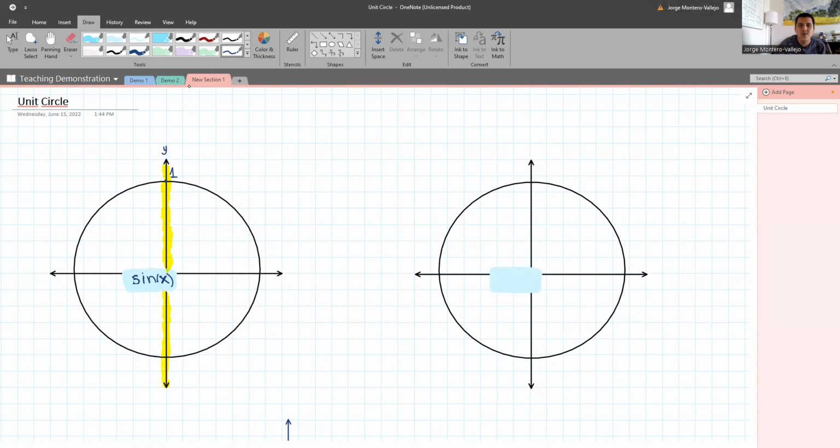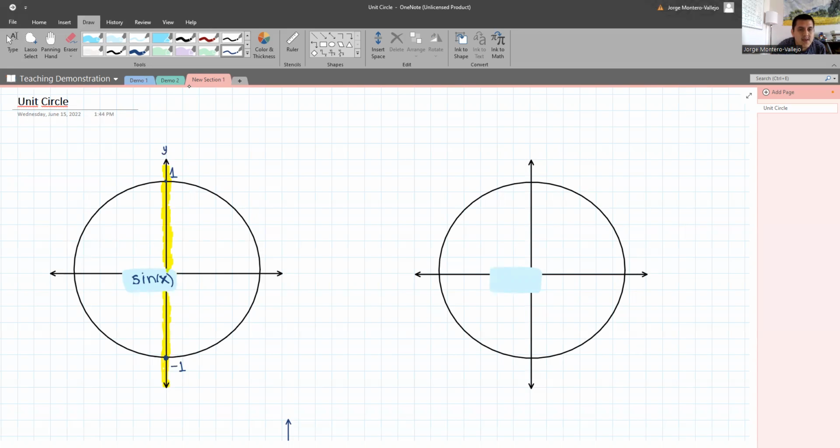Now, if 1 is over here, and here's the center, or the origin, you want to see this center as the point where y has value 0. So if y has value 0 over here, and over here 1, then down here it will have value -1. So that's how I want you to begin.